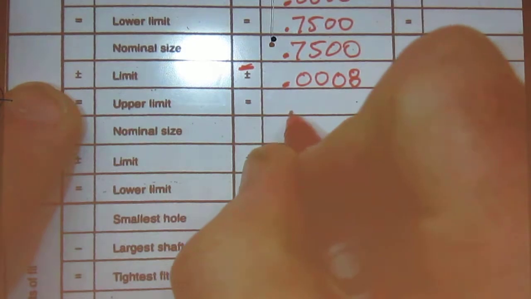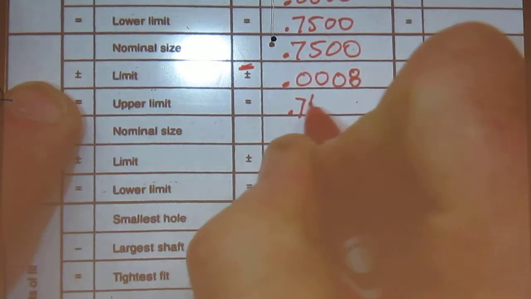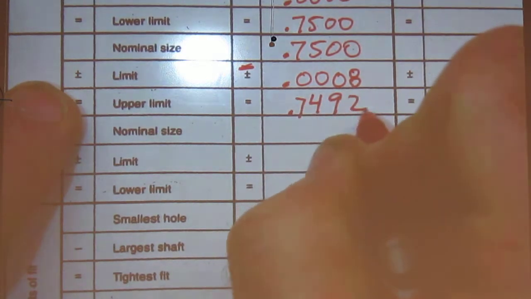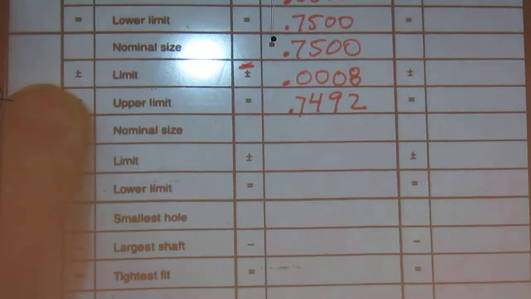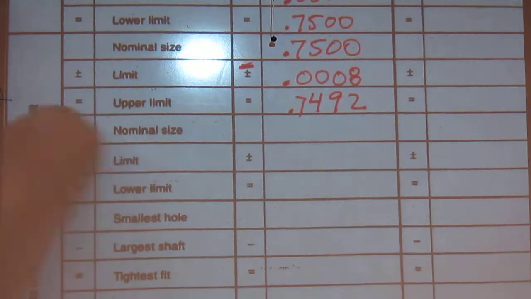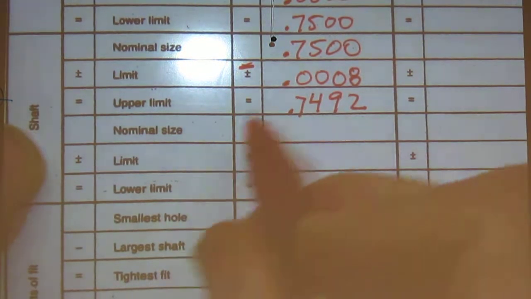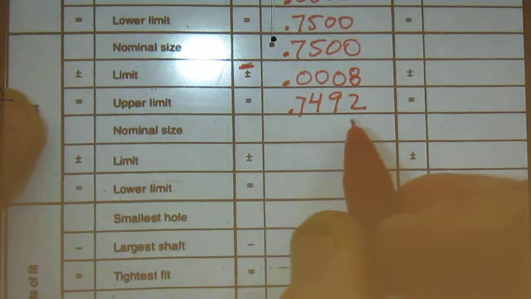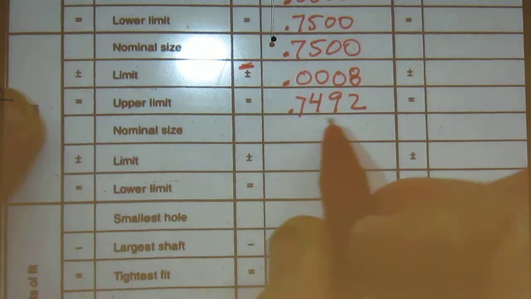Do the math on that, I think you get 0.7492. I hope I did that right. Somebody ought to grab a calculator, maybe check me. We're good. Okay. Then that's the upper limit, so the biggest the shaft can be is 0.7492.